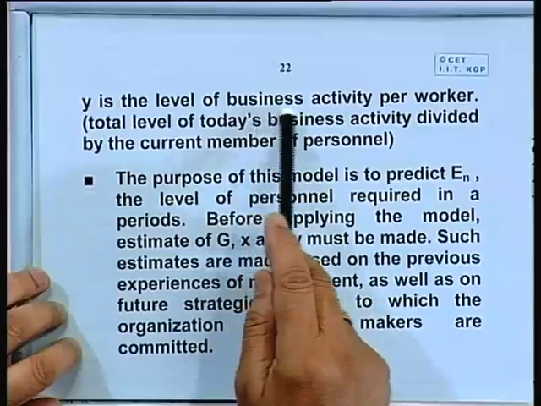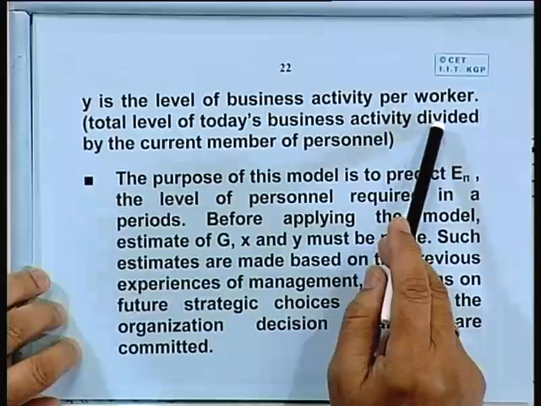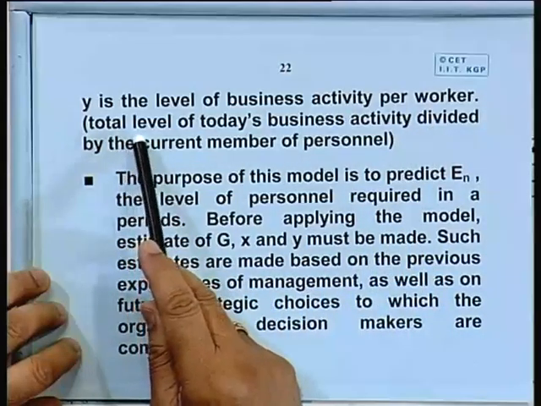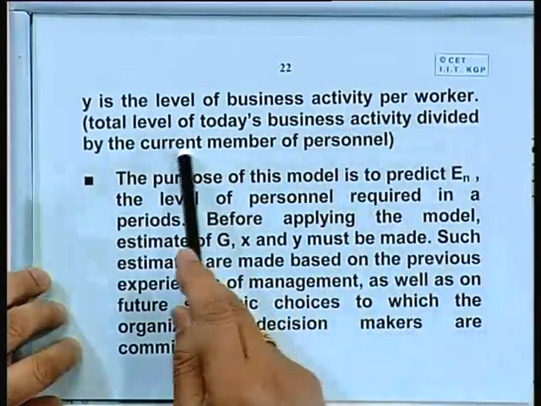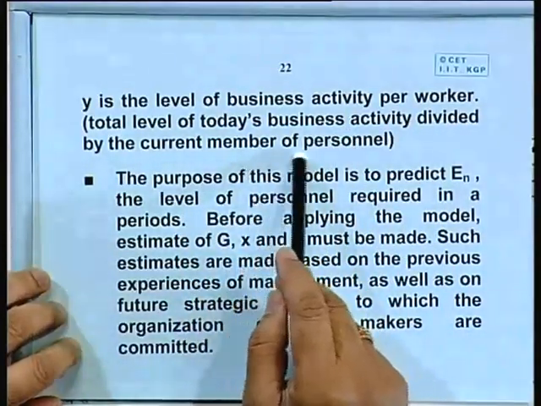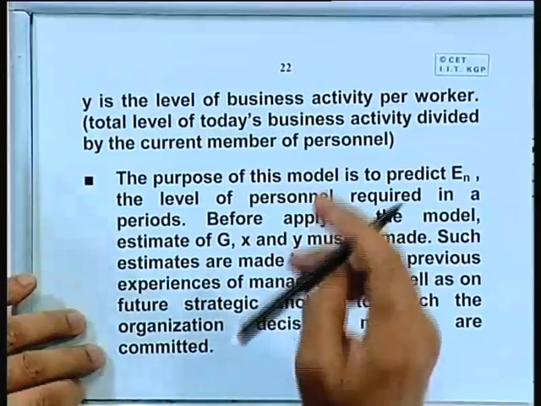Y is the level of business activity per worker. Today's total level of business activity divided by the current number of personnel.